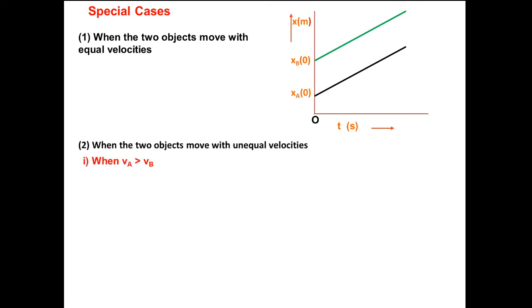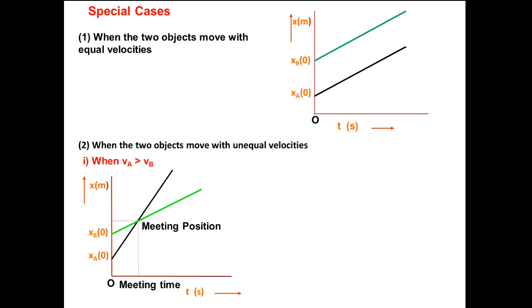And for unequal velocity, for example, let A be moving faster than B. In this graph, A is behind B's position, but A is moving faster, then A will overtake B, meaning at some time they will meet. Where the lines intersect is the meeting position, and the time at which they cross each other is the meeting time.